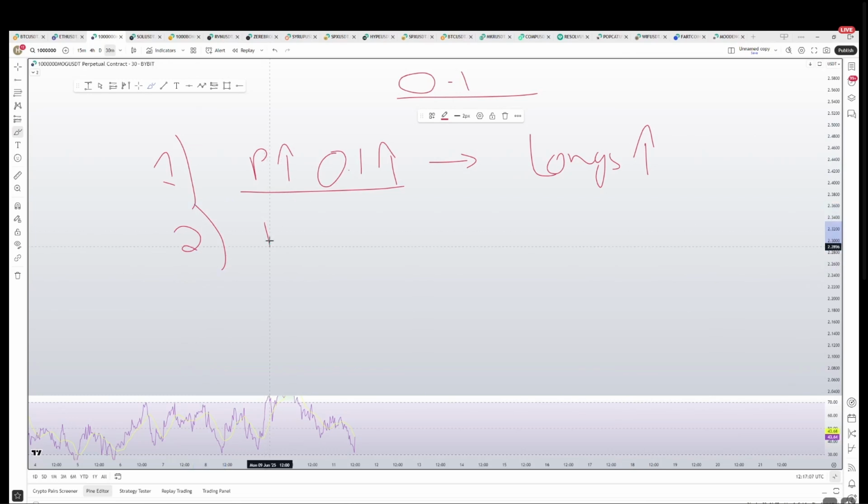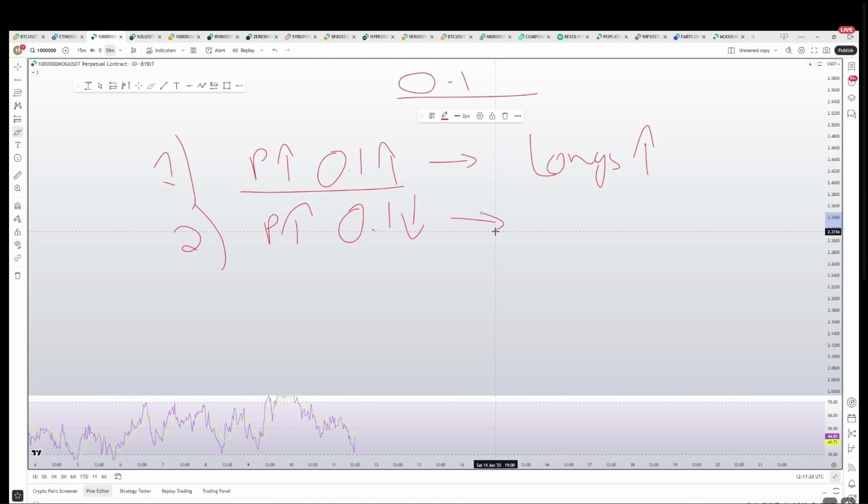Second, let's say the price is increasing, however the OI is decreasing. How can a decreasing number of contracts lead to the price increasing? What sort of market participation could that be? Shorts closing, because when you close a short, you're basically longing that particular pair.